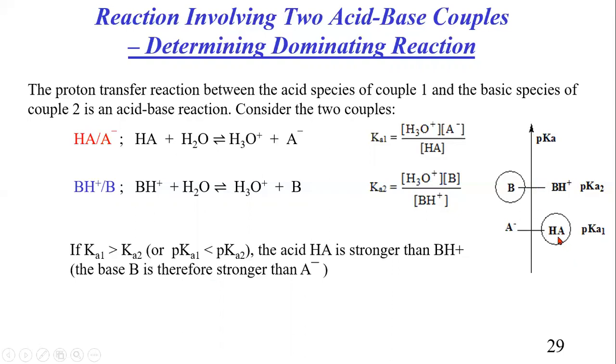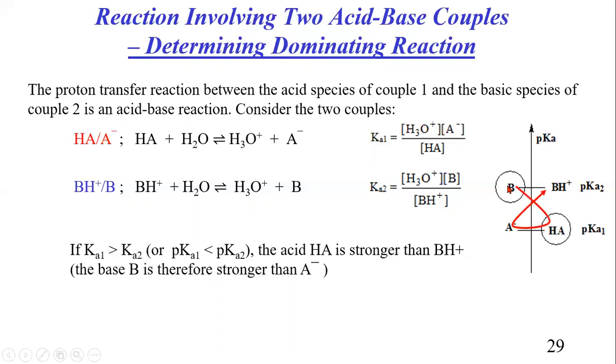Of course, here the HA with the lowest pKa will be my strongest acid, and the strongest base will be on my upper right-hand corner. That would be my strongest base because the higher pKa here is the weaker acid and therefore the stronger conjugate base.